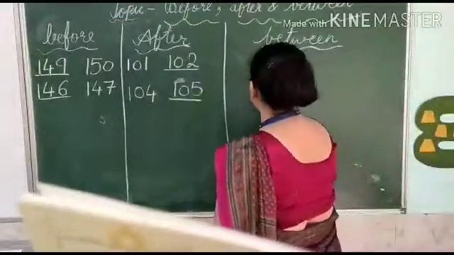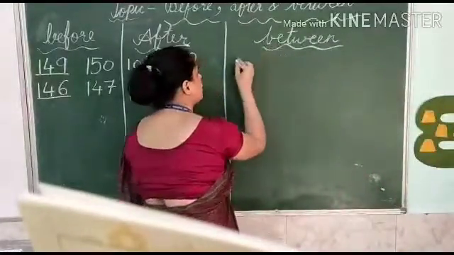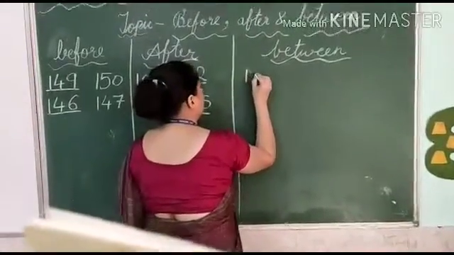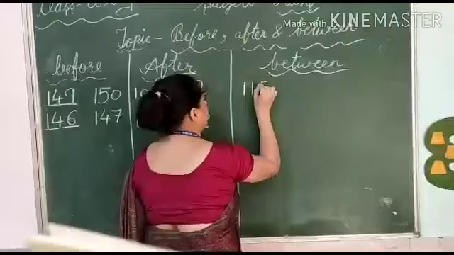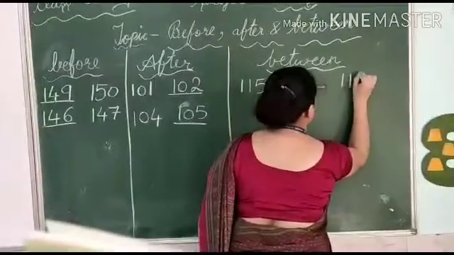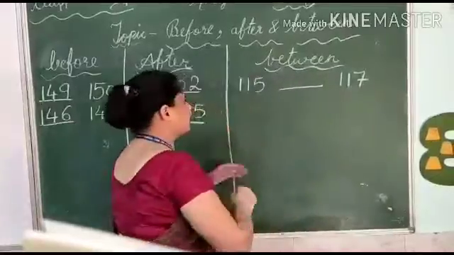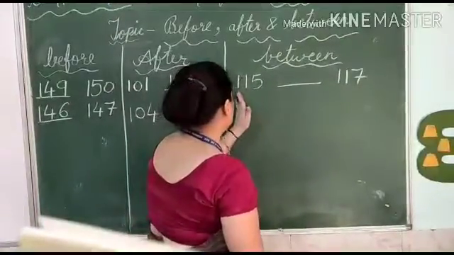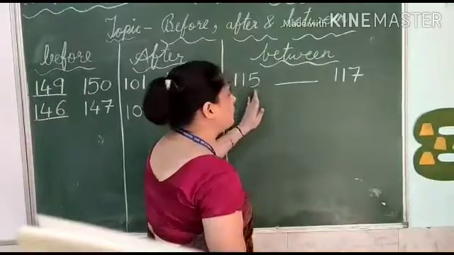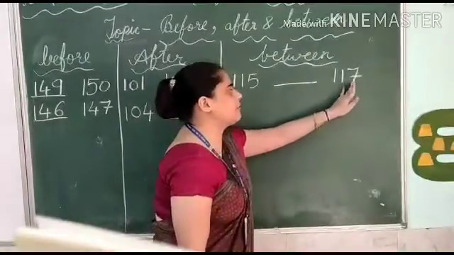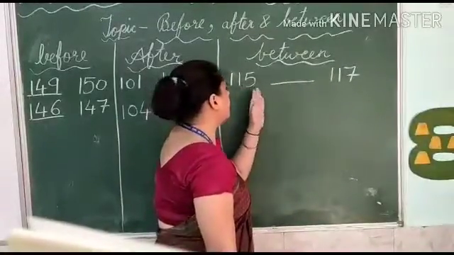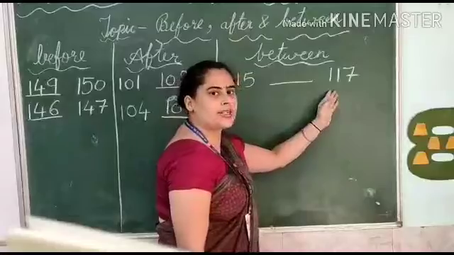Likewise, we have to do between numbers. Suppose 115 dash 117. What comes between 115 and 117?